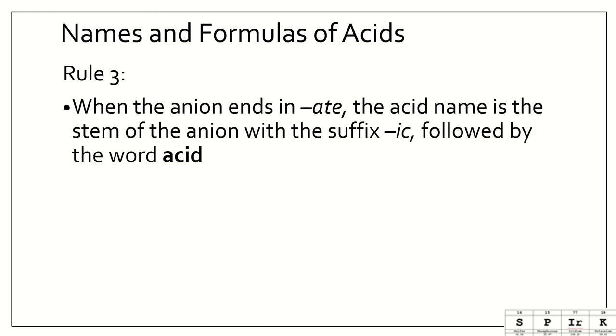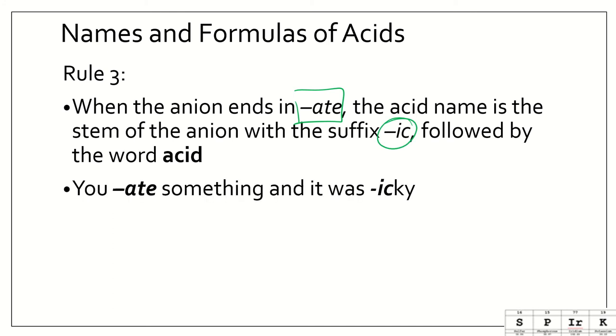Rule 3, when the anion ends in ATE, the acid name is the stem of the anion with the suffix ic, followed by the word acid. I always remember this one by: you ate something and it was icky. Ate changes to ic.